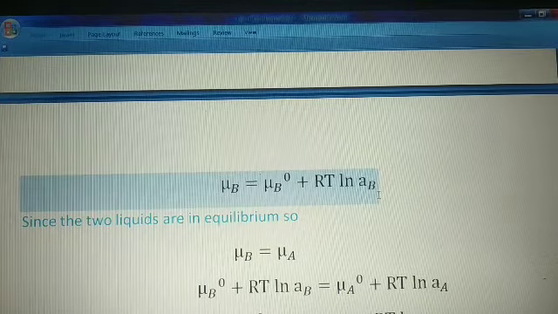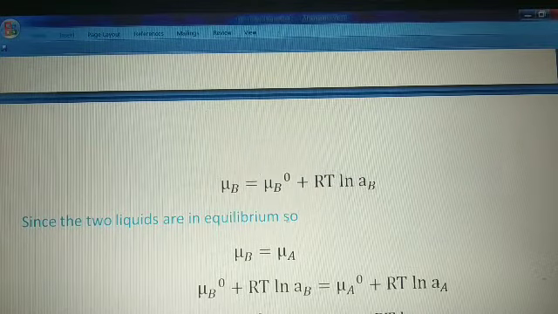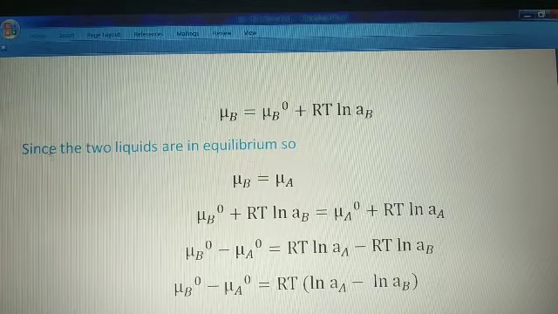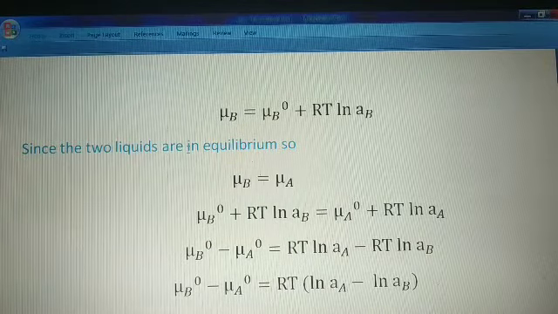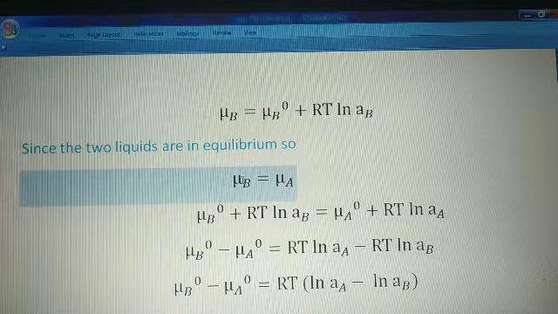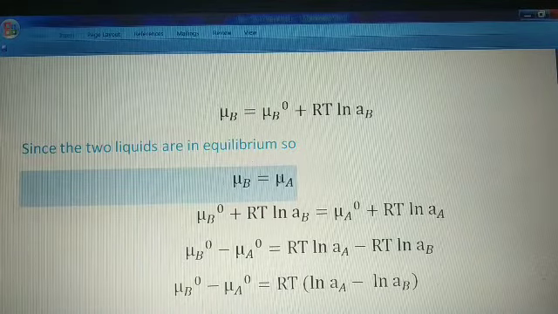Since the two liquids are in equilibrium, as said earlier, they are in static equilibrium as liquids, but in dynamic equilibrium with respect to the solute. So the chemical potential of the solute in one solvent will be equal to the chemical potential of the solute in the other solvent.